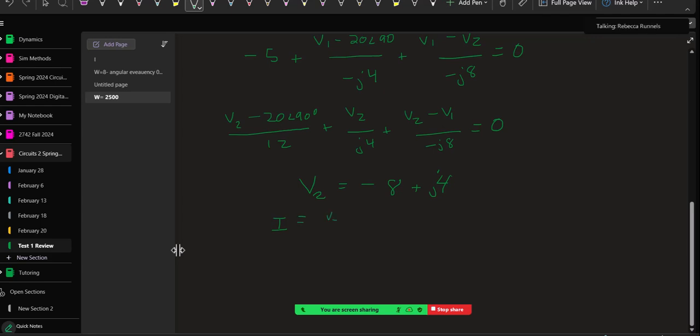And now that we have V2, minus 8 plus J4 over J4. And that ends up being 1 plus J2, or 2.24 angle 63.